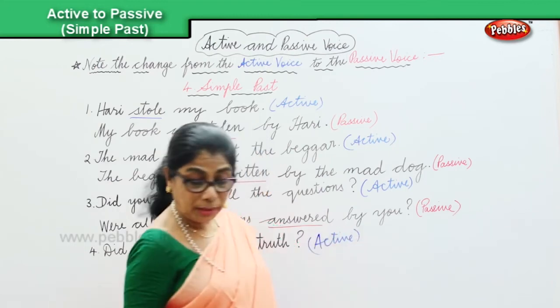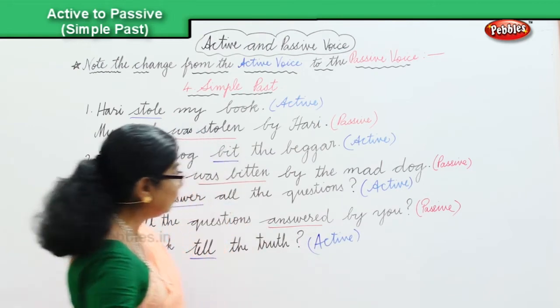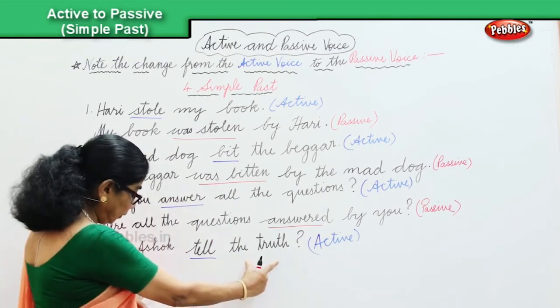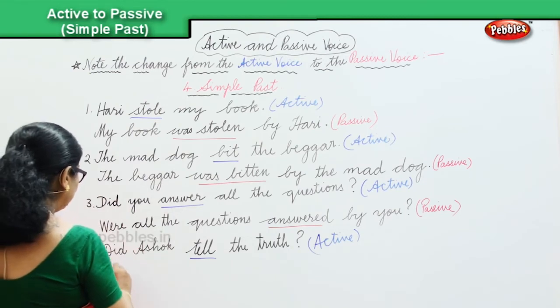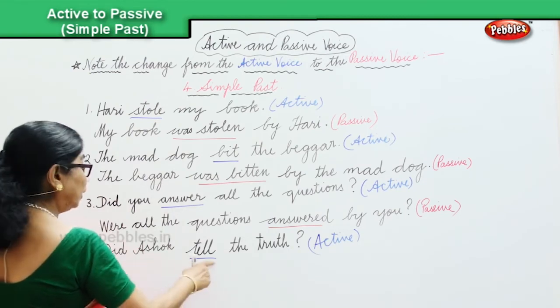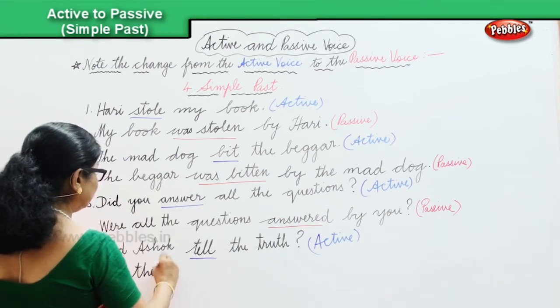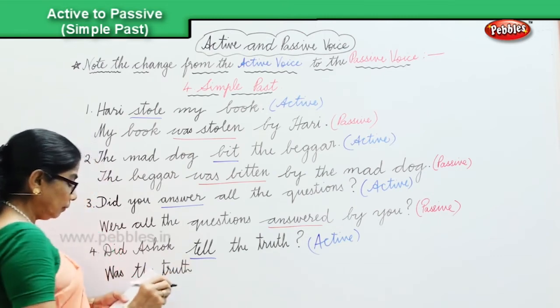Now let's change over. Note the changeover from the active into the passive. Let's look at this. Was the truth told by Ashok? Was the truth told?